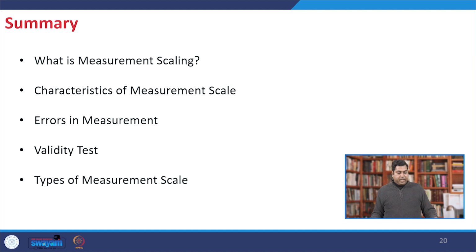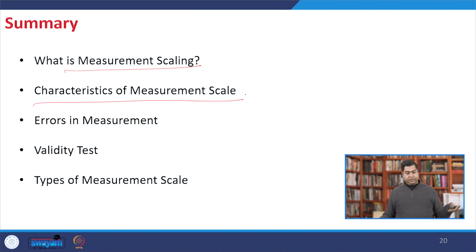Now let us summarize it. Measurement is a very important and integral part of your research design and research survey, and it will also determine the interpretation, like the way you reach out to the respondent to collect information and how you analyze. Characteristics of a measurement scale, like we discussed: accuracy, and then it should be interpretable, and its practicality to be measured.